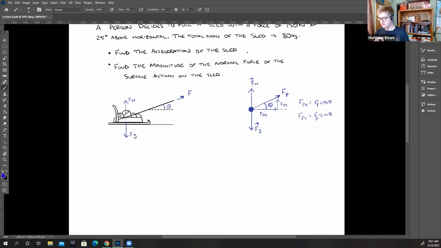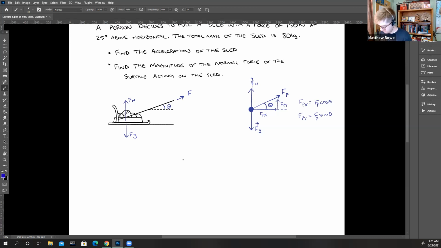This question is letting you imply that the sled is going to slide on the ground. The person is just holding the rope a little higher, but the sled is sliding on the ground. So we're expecting the sled to move horizontally. So we're going to be looking for this horizontal acceleration. They could have been more specific in saying horizontal acceleration, but they're going to let you reach that point on your own.